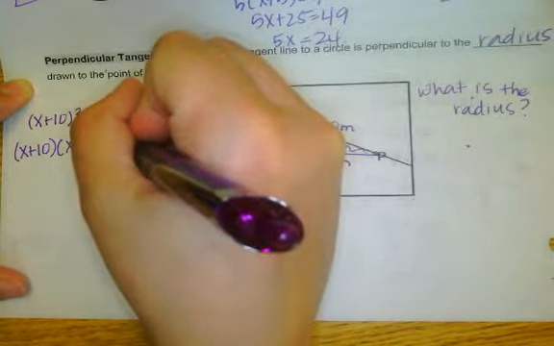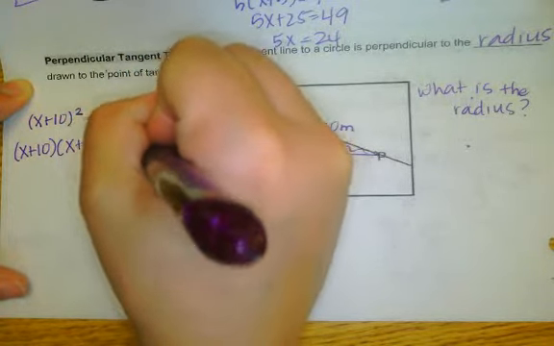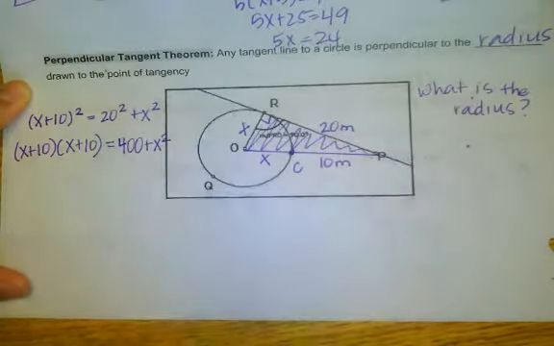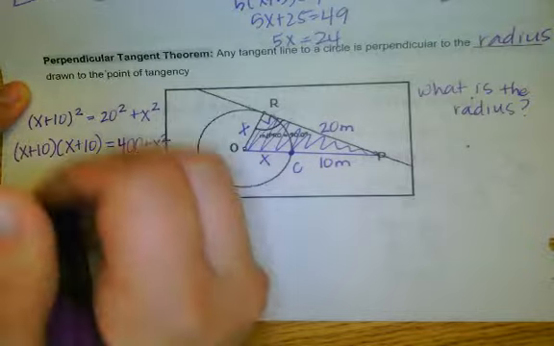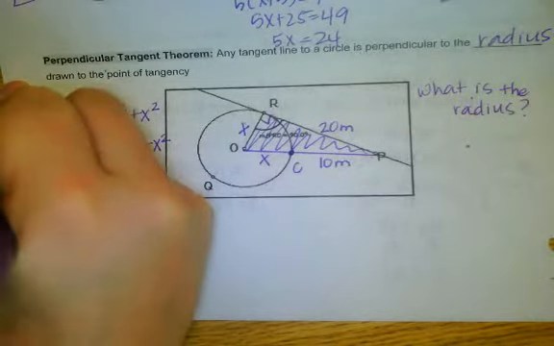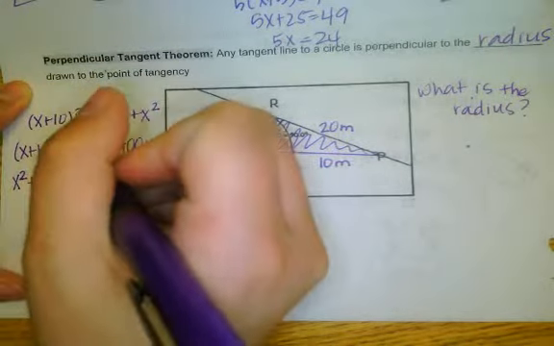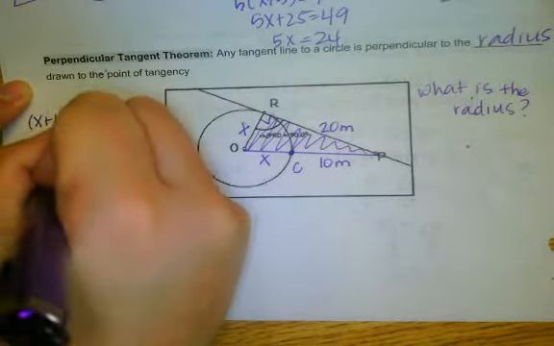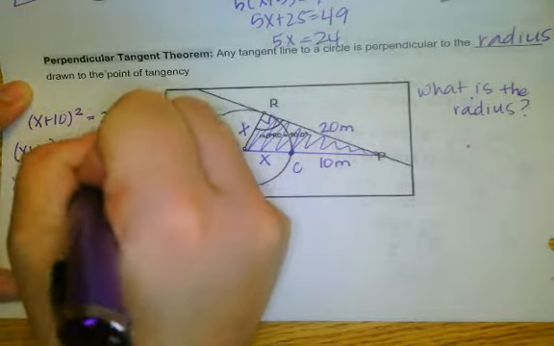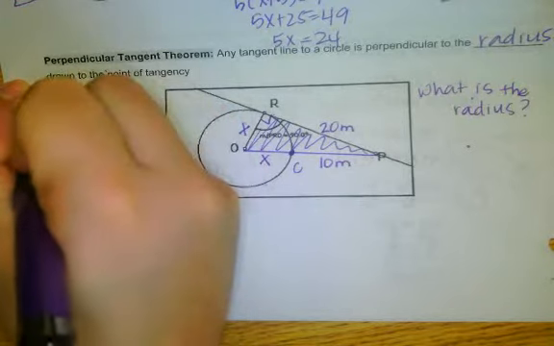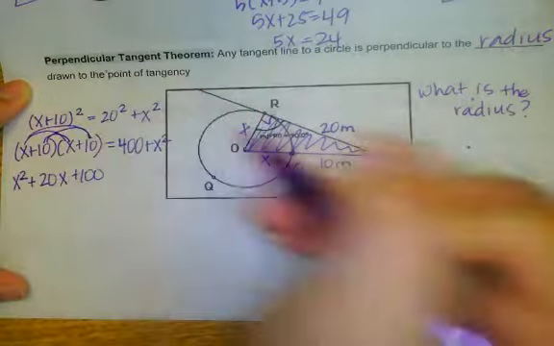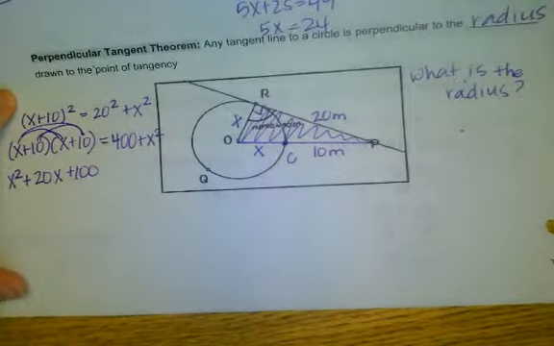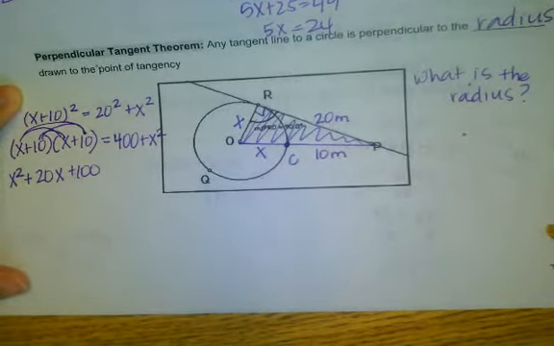When I FOIL this, x plus 10 squared, what am I going to get? X squared plus 20x plus 100. Remember, you have to do first times first, first times last, last times first, last times last. Don't forget your FOILing skills from Algebra 1. So then you have equals 400 plus x squared.